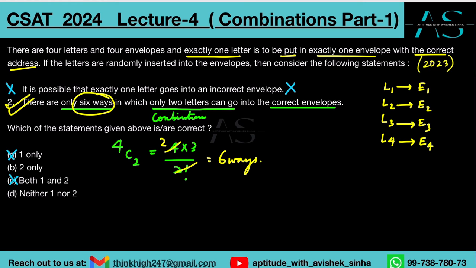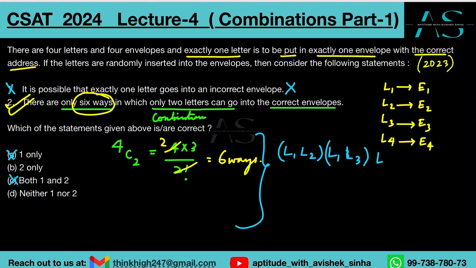Now, if you want to further understand this, let me just break this down. Since these are just 6, very small in number, we can also write down these 6 arrangements. Letter 1 and letter 2 are correctly placed, and letter 3 and letter 4 are wrongly placed. Or letter 1 and letter 3 are correctly placed.